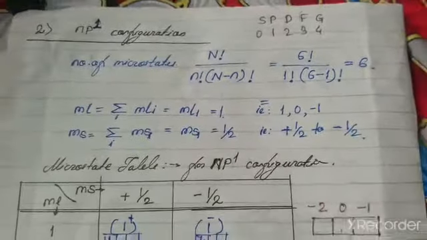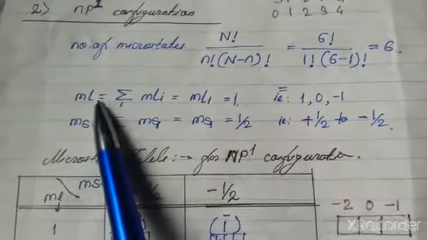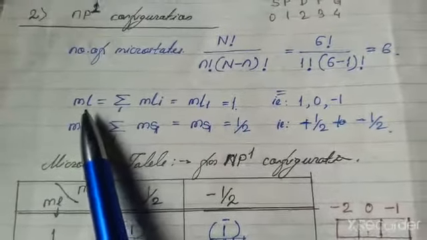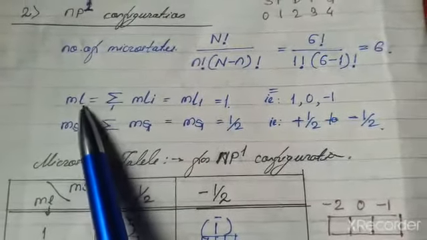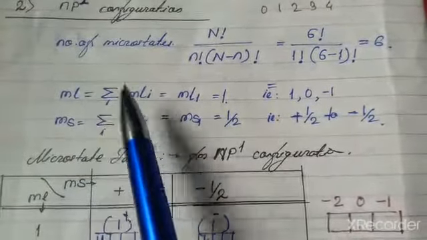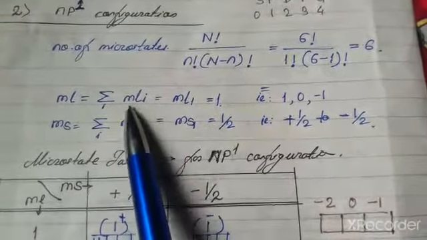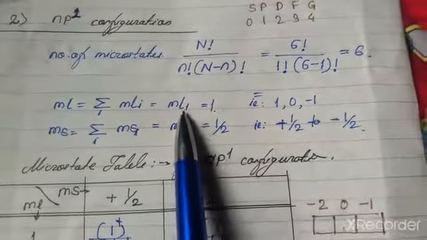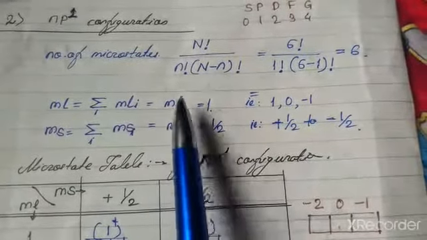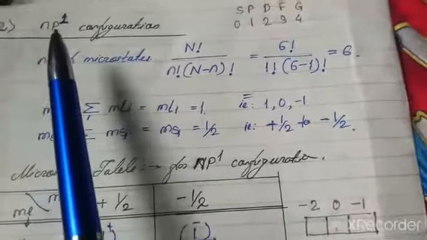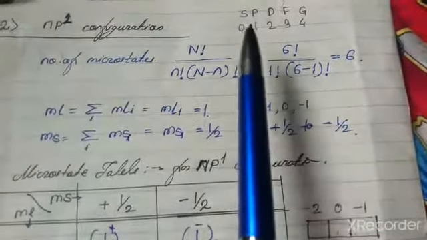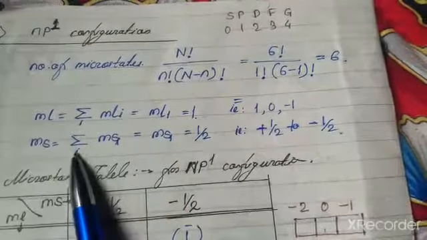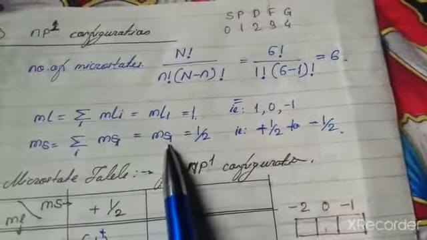Now ml and ms. ml is the orbital magnetic quantum number and ms is the spin quantum number. The orbital quantum number l decides the shape of the orbital. The sum of ml i is ml1, because there is only one electron, and for a p orbital l is equal to 1. The ms sum is ms1.